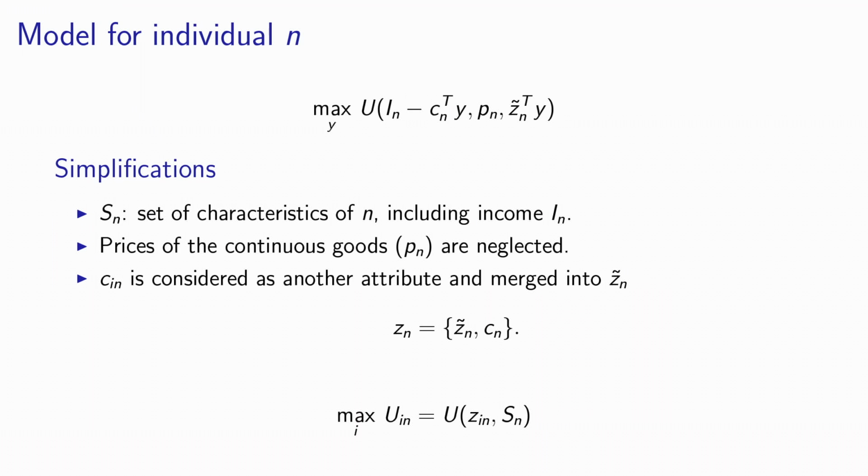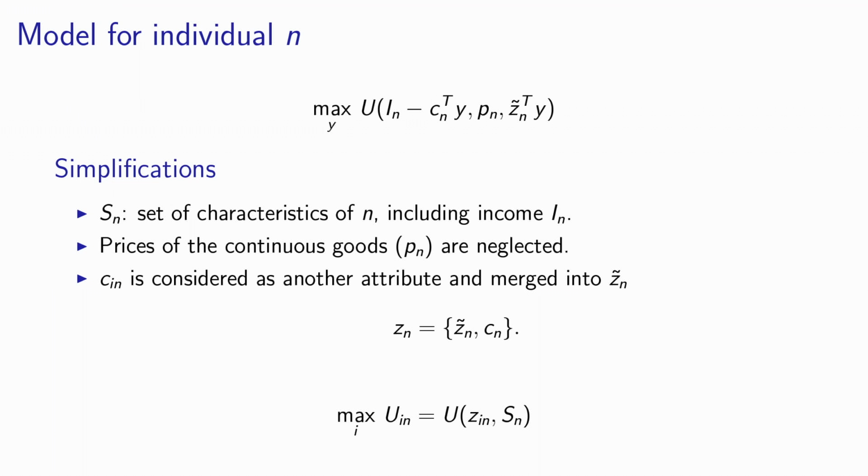It means that the model for individual n is simply calculating the maximum of a list of utility functions, and each of them depends on the remaining budget, the price of the continuous goods, and the attributes of the alternatives. Now, in order to use it in the context of discrete choice, that will be the focus of this course, we'll do some simplifications.